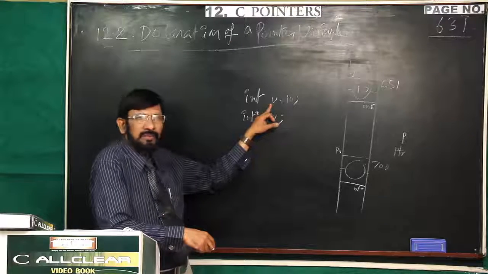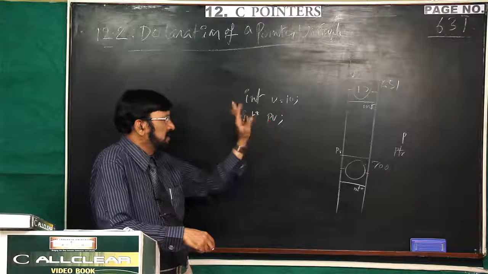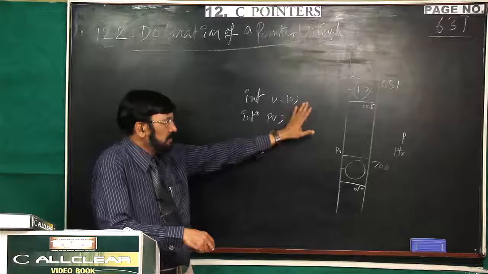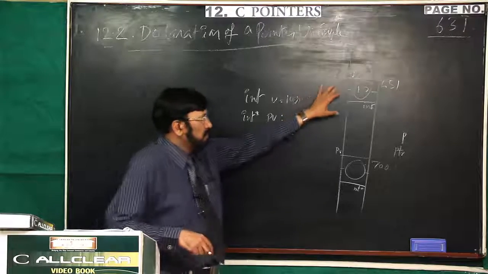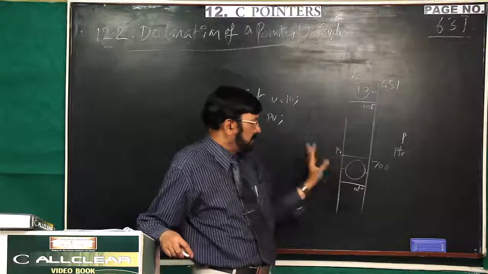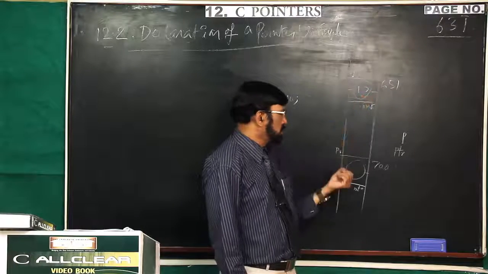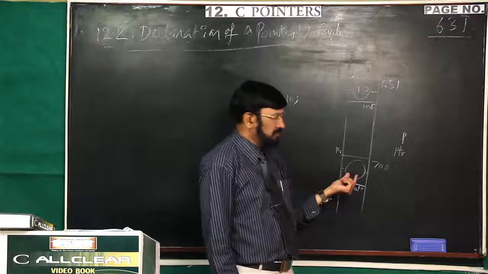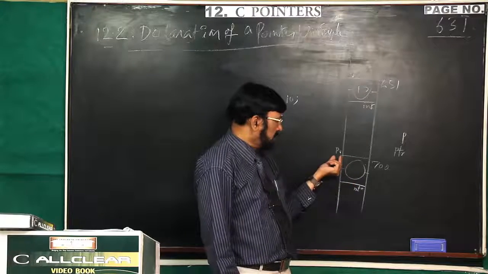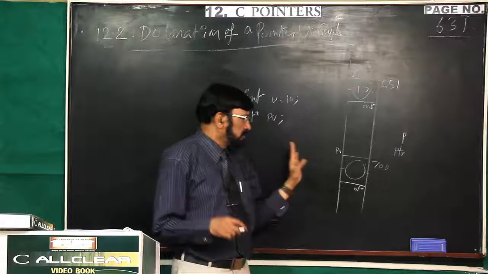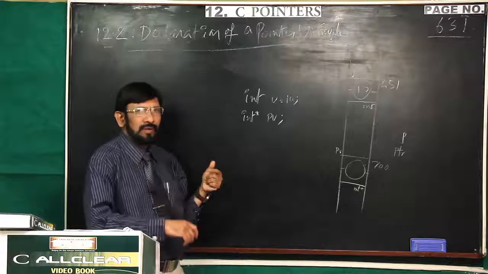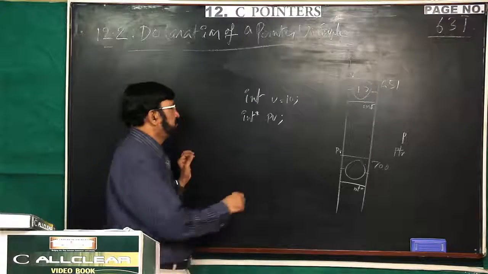This is an ordinary variable. This is a pointer variable. At this stage, there is no relation between V and PV. This is an ordinary variable somewhere in a memory location, and this is a pointer variable somewhere in another memory location. Okay, that's all. Now, let us create a relation.